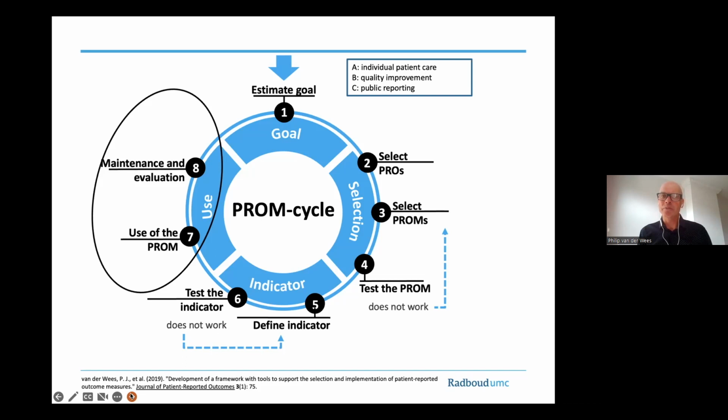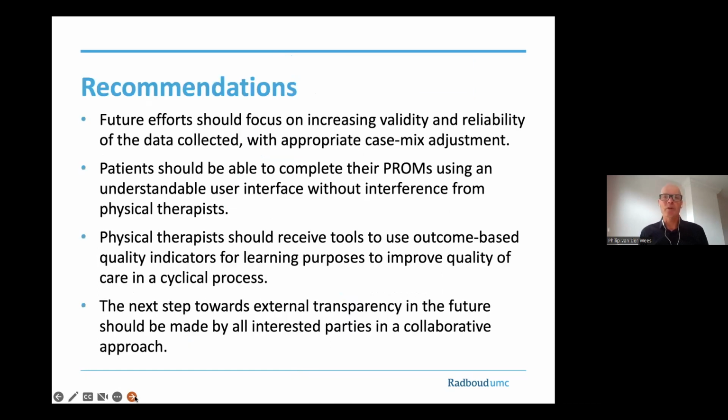And in creating these feedback reports, small groups of physical therapists discuss these outcomes in small quality improvement cycles through peer assessment, in which they review and evaluate each other's outcomes and try to learn from each other in increasing the quality of their work. That's the process that we're in right now, which is a continuous process, of course, because it's not something you do just overnight. It's something that happens over years. But we have initiated that project to use the patient-reported outcomes.